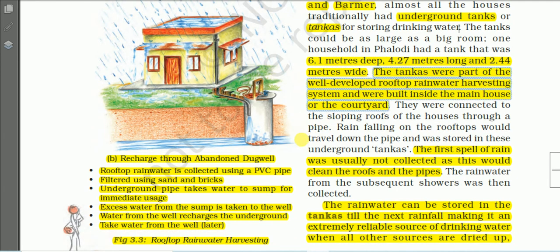The tankas were part of the well-developed rooftop rainwater harvesting system, and were built inside the main house or courtyard.